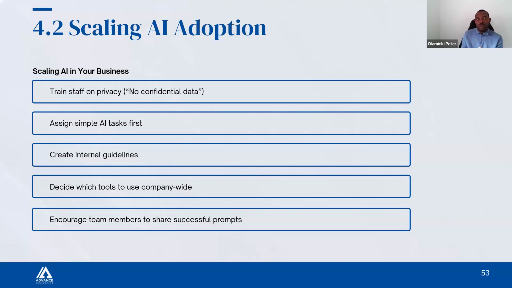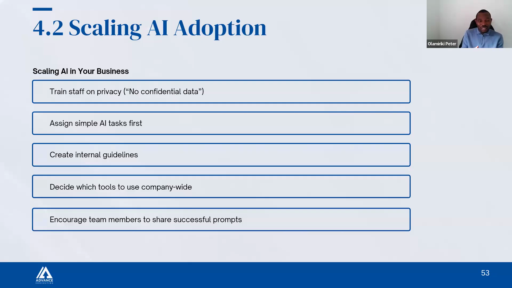Okay? Then another point is promote uniformity in the use of AI tools. You should decide which tools you use company-wide. You should make an informed decision and say, as a company, this is the tool that we want to use. I love what John said earlier. John said, for them, they're using Gemini. That is great.